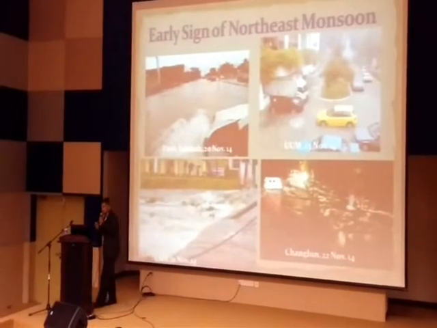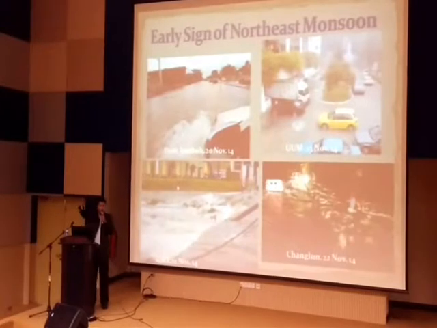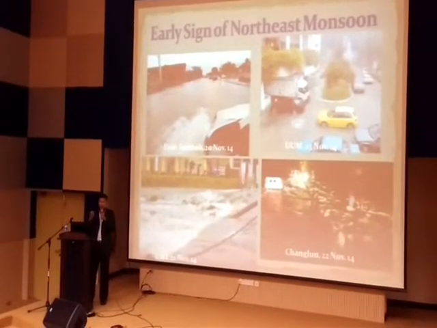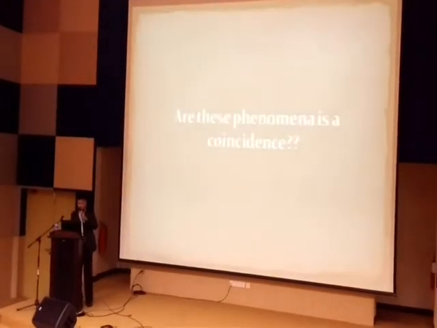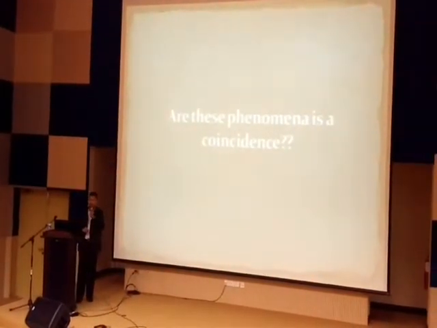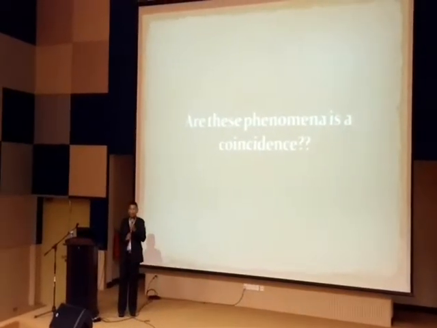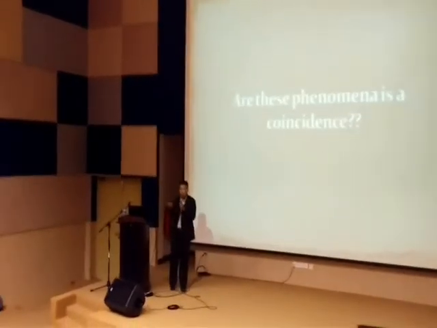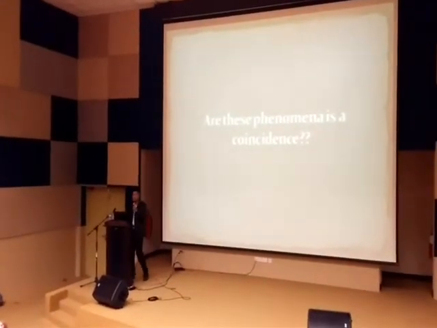But now you can see the whole of Peninsular Malaysia is affected by rain. Is this phenomenon a coincidence? I think it's not a regional event, but more of a global factor.